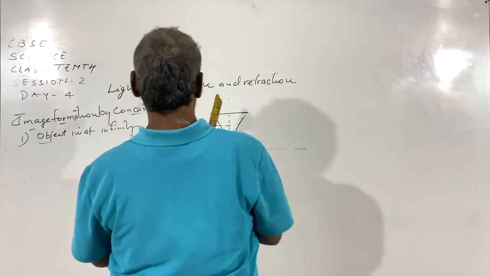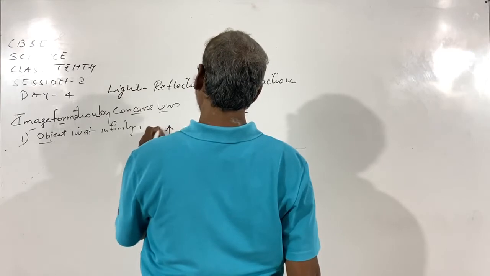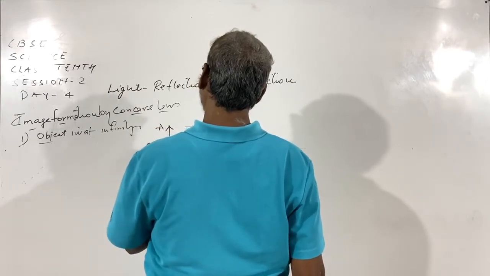Now we have moved the object closer to the lens. This is an extended object A.